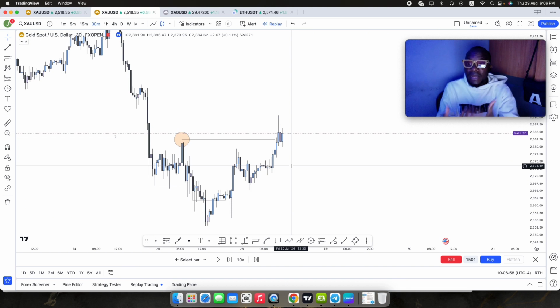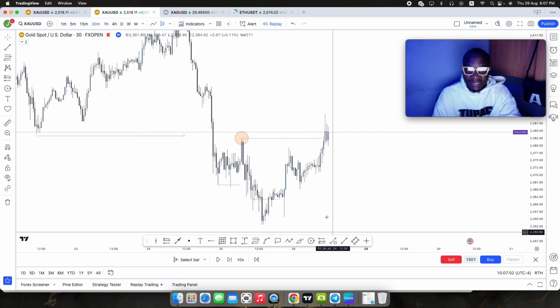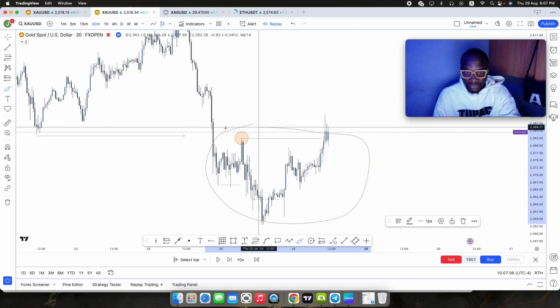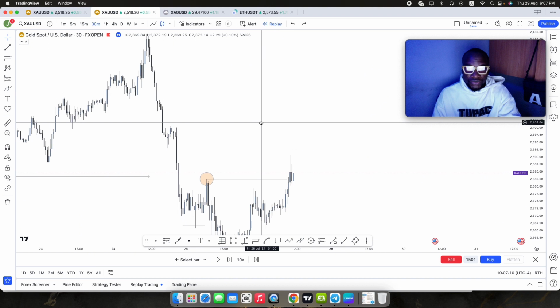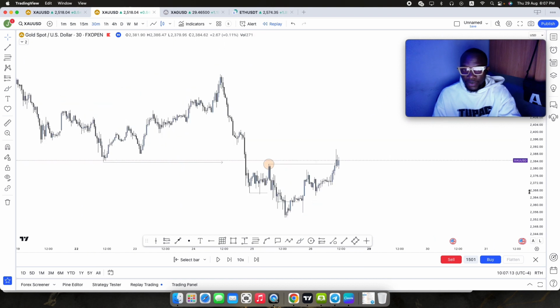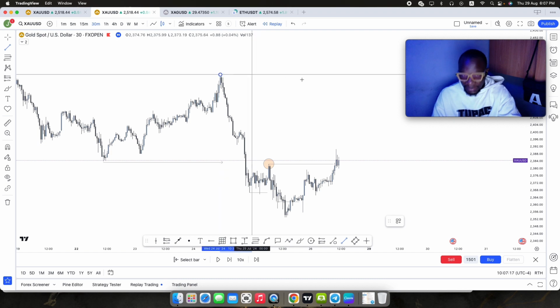Now, the way you can know if your pullback is done is you knowing and understanding your internal structure. Okay, this is what we call an internal structure. This is not the major structure. Now, when you look at the internal structure, you see that this is where we have our major zone, which is here, right?